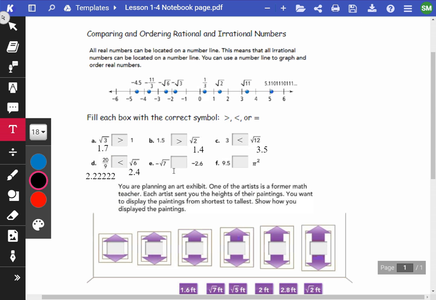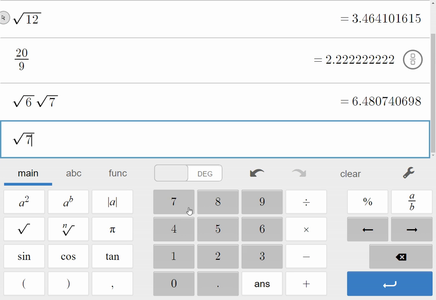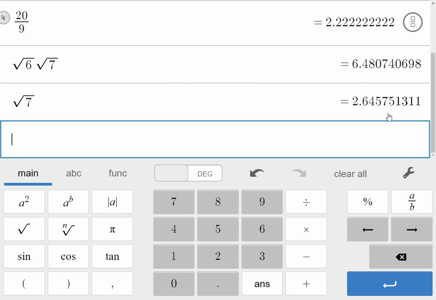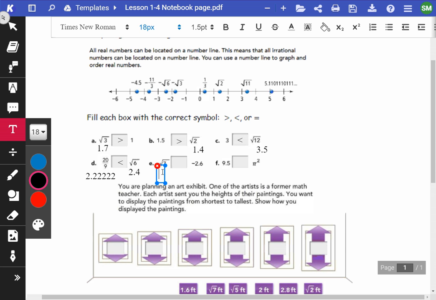Okay, negative square root 7. This is where it gets a little tricky. Let's think about this for a second. Let's do the square root of 7, which is about 2.6. So I'm going to put negative 2.6.